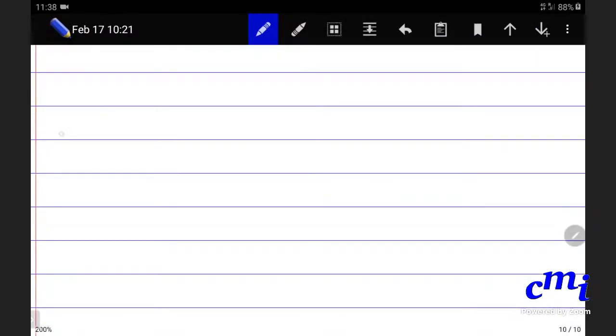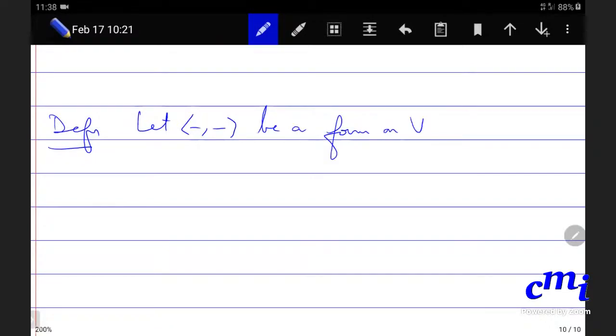A form, definition. Let the form be a form on V, symmetric or Hermitian as the case may be.